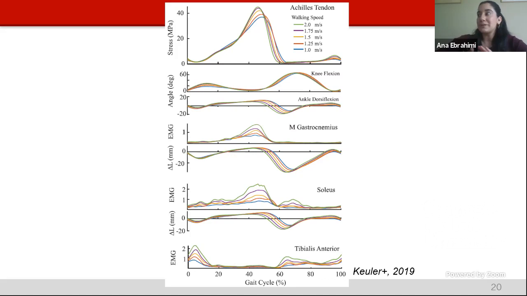They are pretty aligned, so that gives me some indication that I think the forces would be the same. But certainly there's a lot of literature that shows the gastrocnemius and soleus are doing different things during the gait cycle. So that's probably something we'd need to tackle through modeling right now. Very good, thanks.